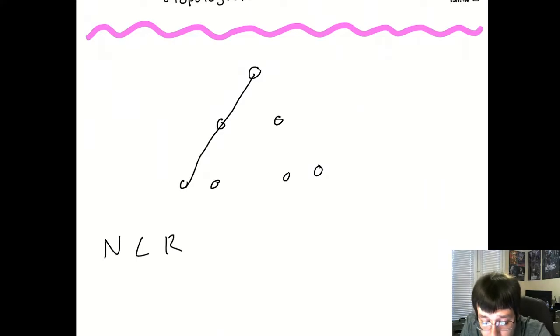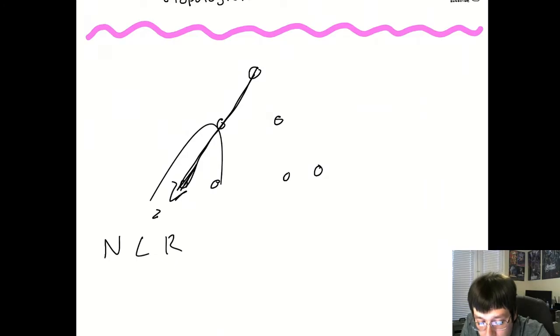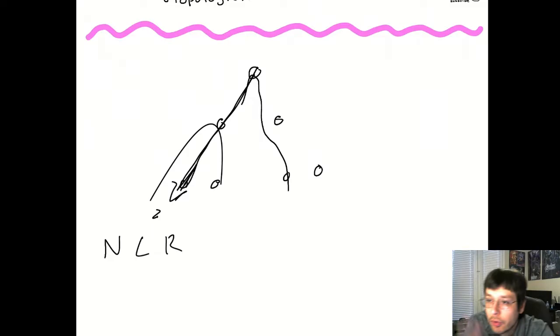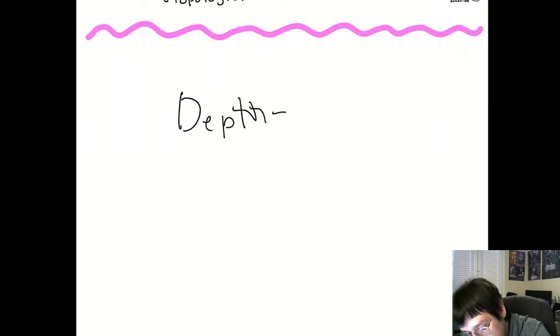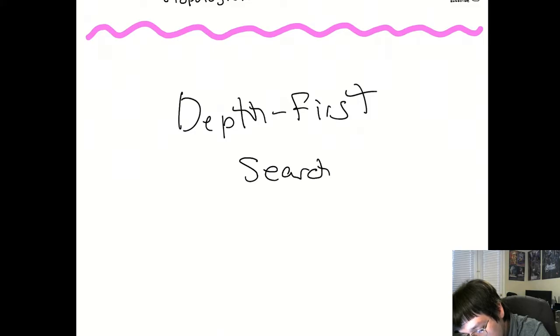So you're always going at the leftmost side of the tree, and only when you hit a leaf node do you go back and then try going the other side, right? And so that's kind of what we would call sort of recursive. And it turns out that type of traversal, whether it's pre-order, in-order, or post-order, they're all basically the same kind of traversal, which we call depth-first traversal, also known as depth-first search.